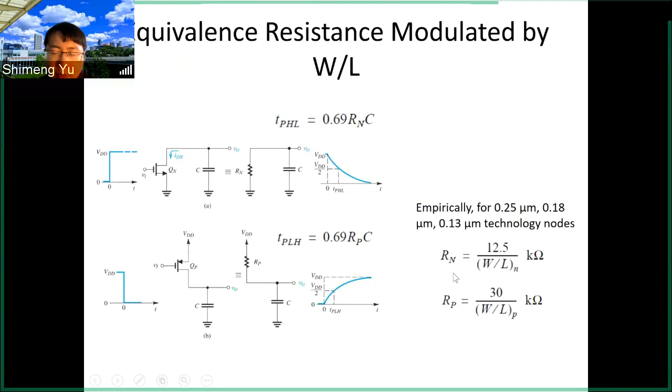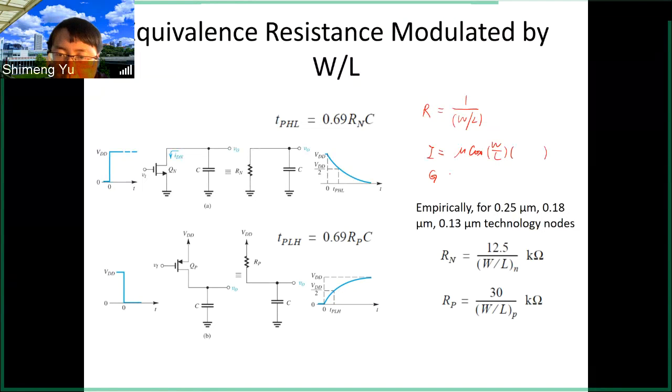But as a conclusion, you can always say the resistance is proportional to 1 over W over L. Why is that? Because the current is mu Cox W over L times voltage terms.